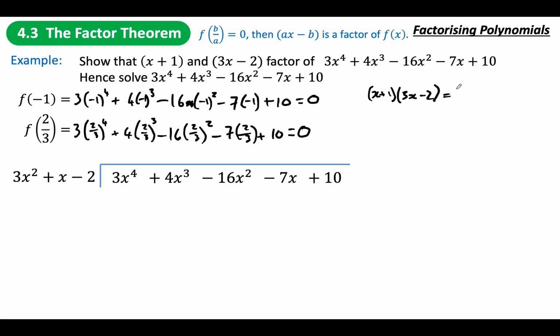X times the 3x is 3x squared. And then we get negative 2x, plus 3x and minus 2. So 3x squared plus x take away 2.